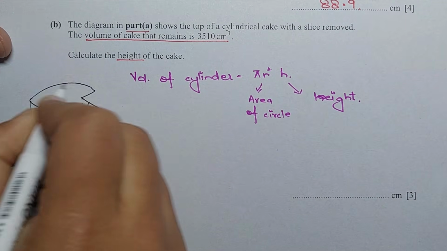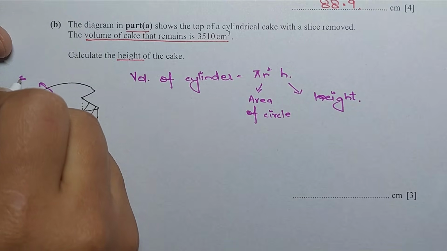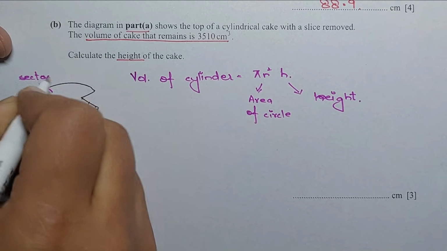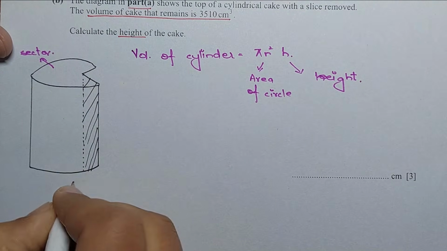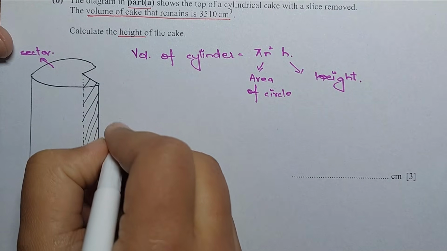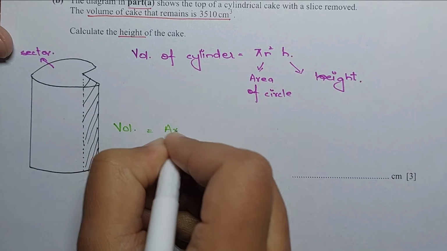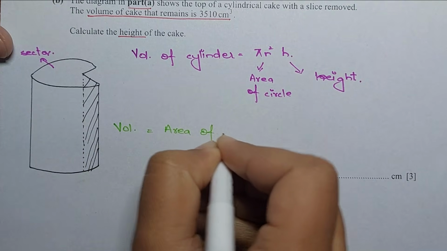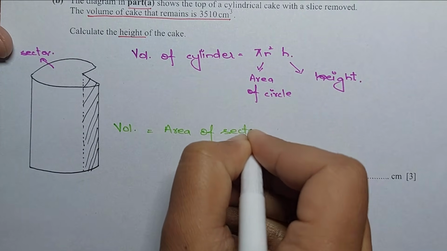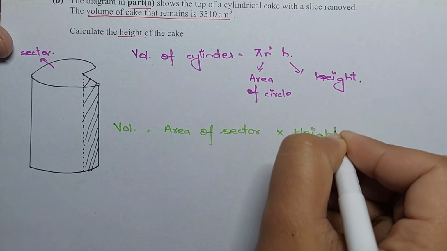Okay, now since this is not a circle, this is a sector of a circle. Now how can we find the volume in this case? The volume of this cake becomes area of sector multiplied by height. This would be the remaining volume.